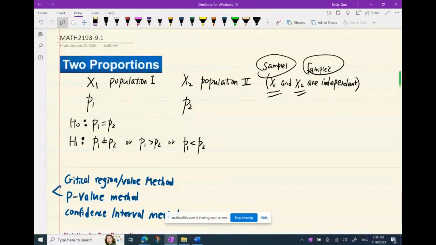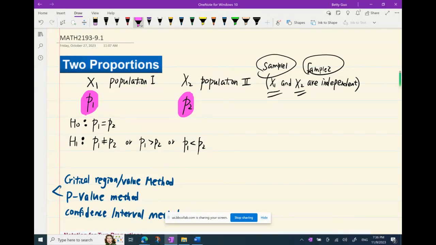In Section 9.1, we are going to test claims regarding 2 population proportions. We use P sub 1 to represent the population proportion for the first population, and P sub 2 to represent the second population's proportion.